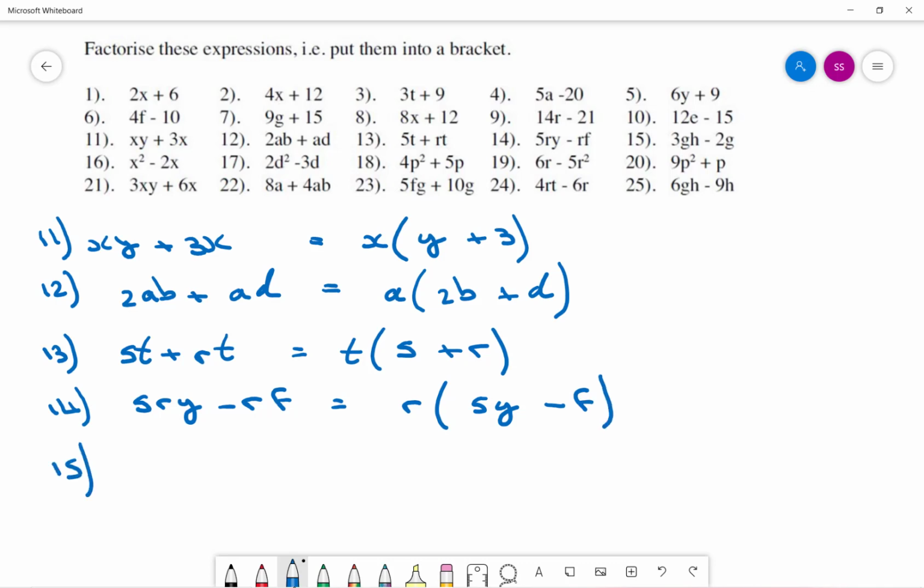And the final one for this row, for 15, 3gh minus 2g. Our common factor here is going to be our g. So 3gh divided by g will leave 3h, and then minus 2g divided by g will leave minus 2. And there's our answer to 15. So there is the next row done. Okay, let's do the next row.